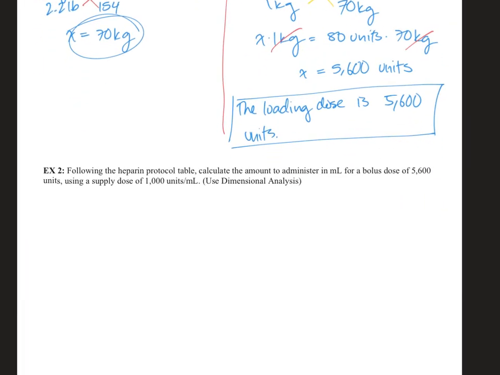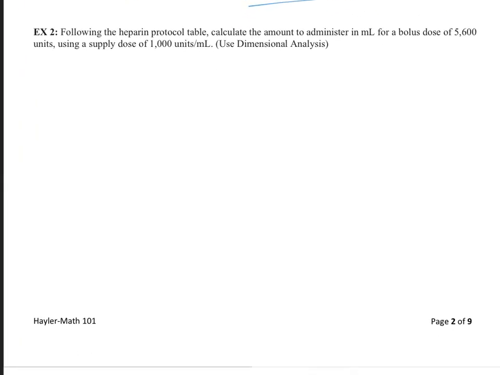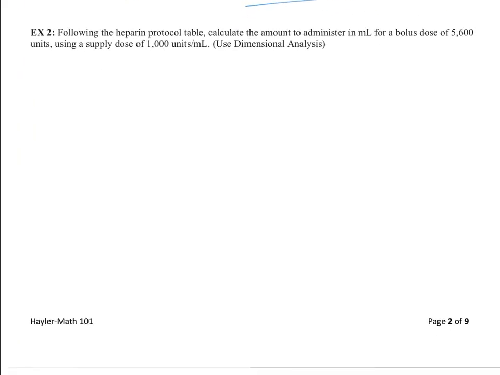Okay, let's take a look at example 2. Following the heparin protocol table, calculate the amount to administer in milliliters for a bolus dose of 5,600 units, using a supply dose of 1,000 units per milliliter. We're going to use dimensional analysis.